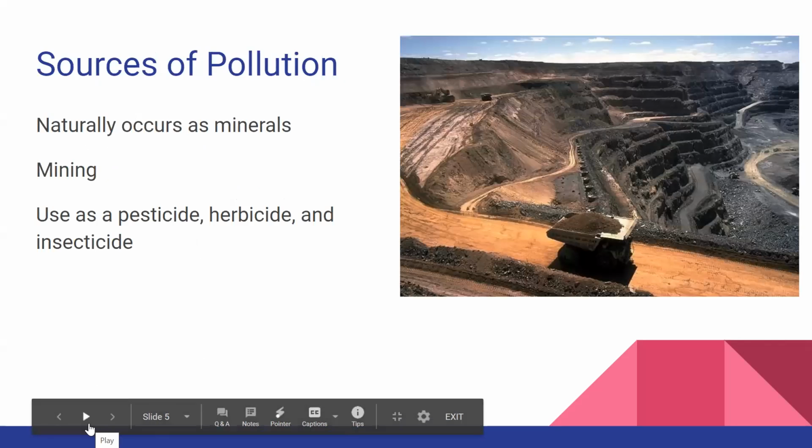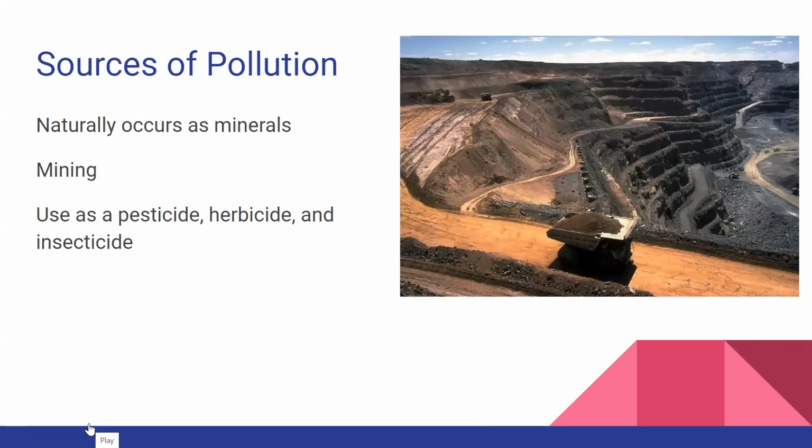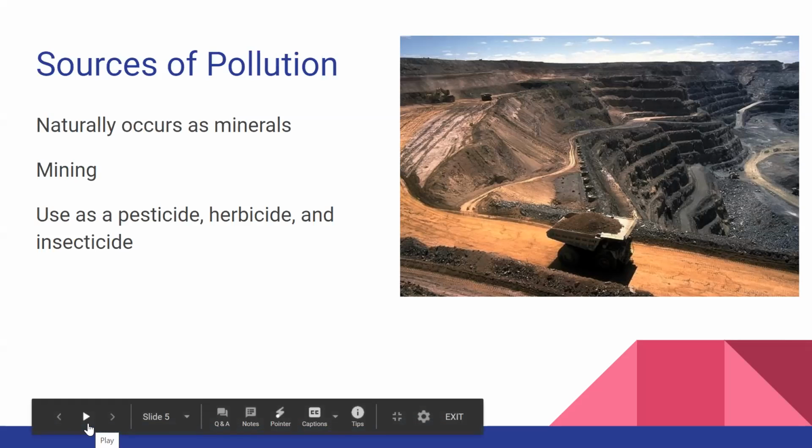So sources of arsenic pollution stem from arsenic being a naturally occurring mineral in the earth. And what happens is that there is mining, which accelerates the path for arsenic to get into our aqueous systems.